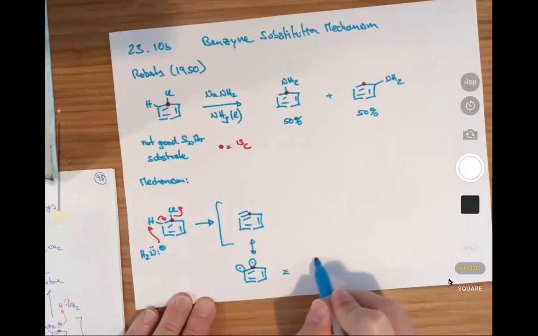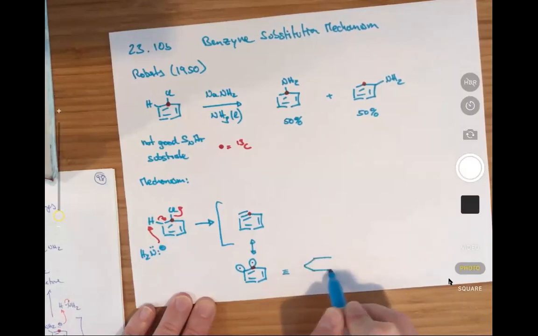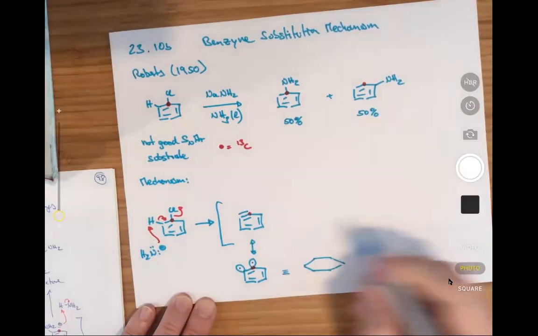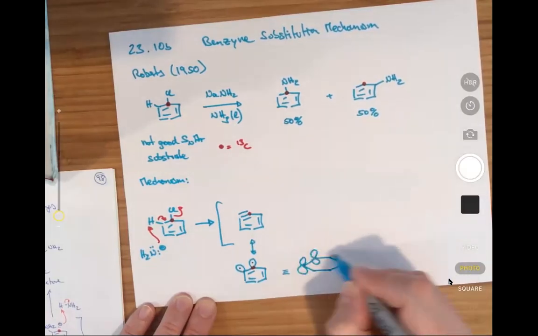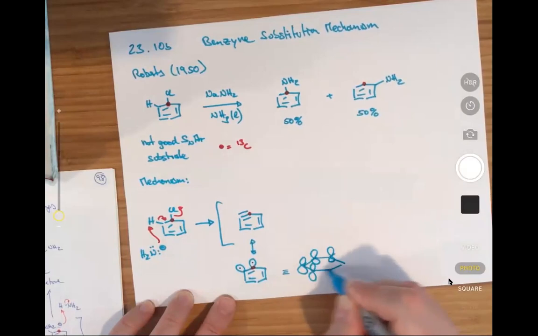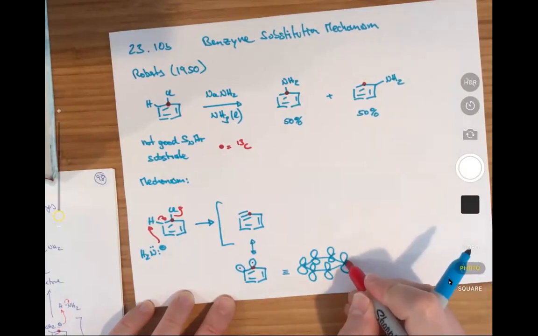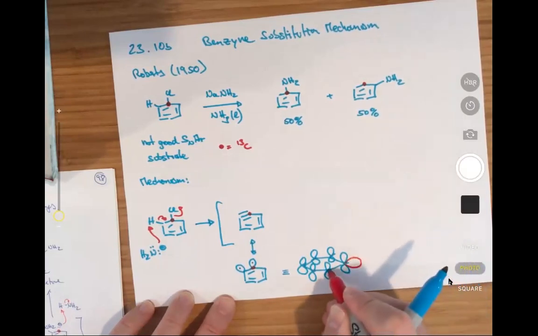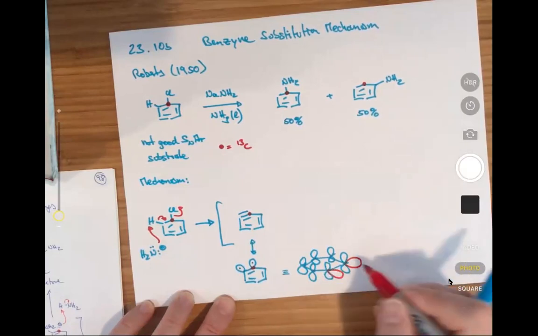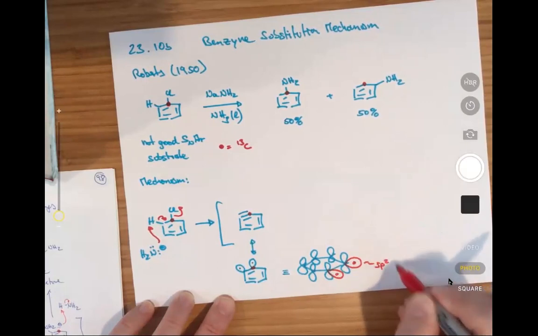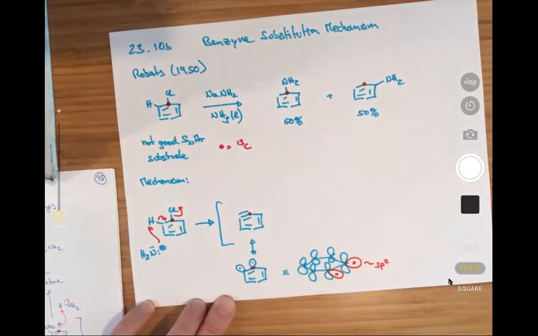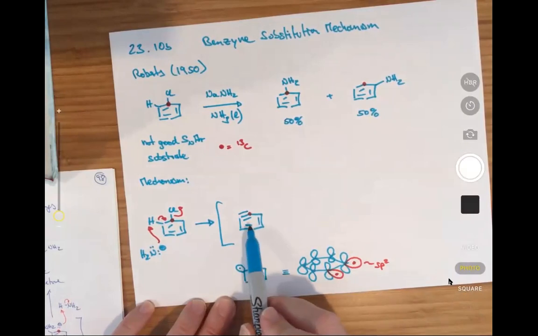If we draw this as a six-membered ring in the plane, you have your p orbitals, and then the lobes that carry the electrons are sp2 hybridized orbitals that form this benzene-type electronic structure.